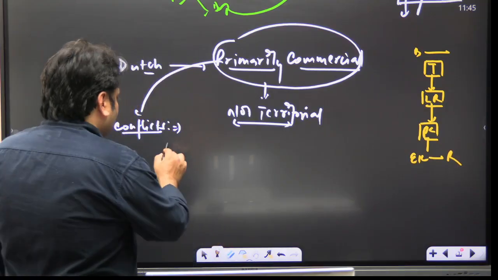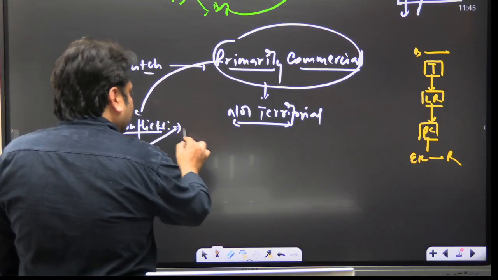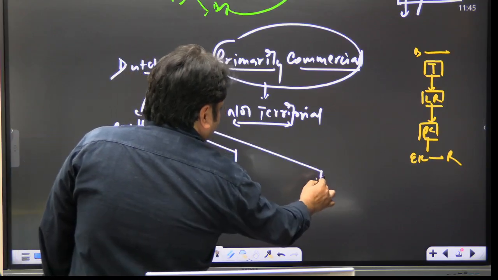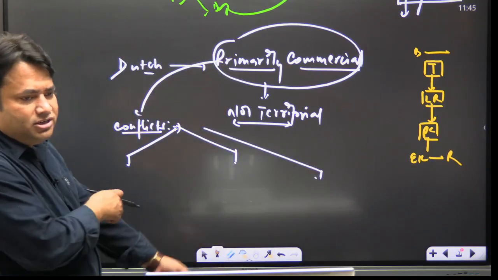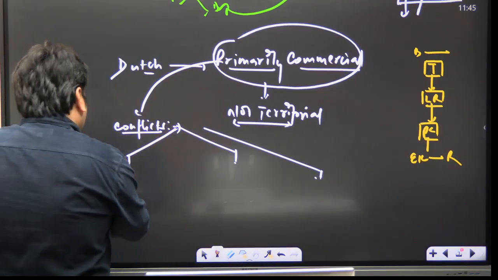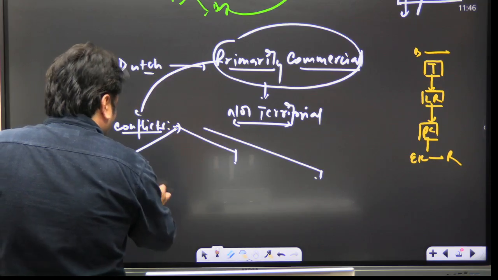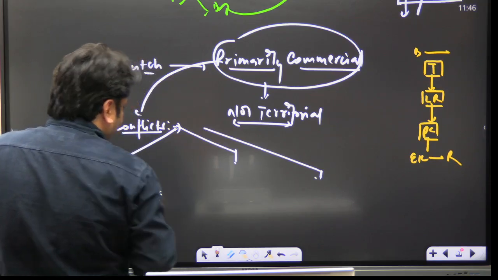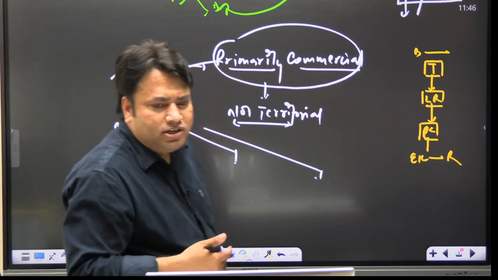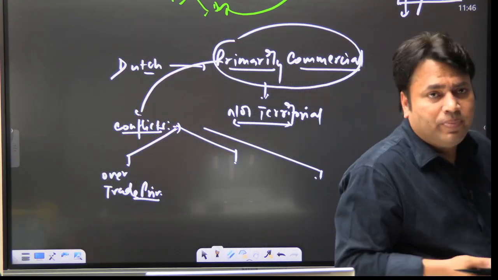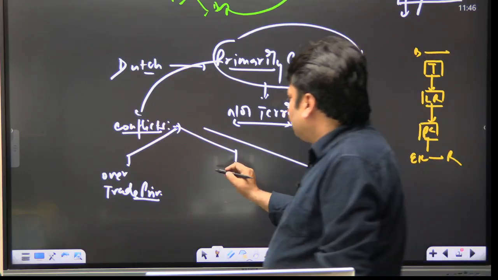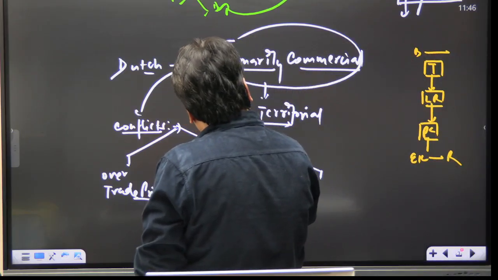So the conflicts that we see here are related to control over trade privileges. This may be one issue. The conflict may be related to controlling some ports or important trade centers.